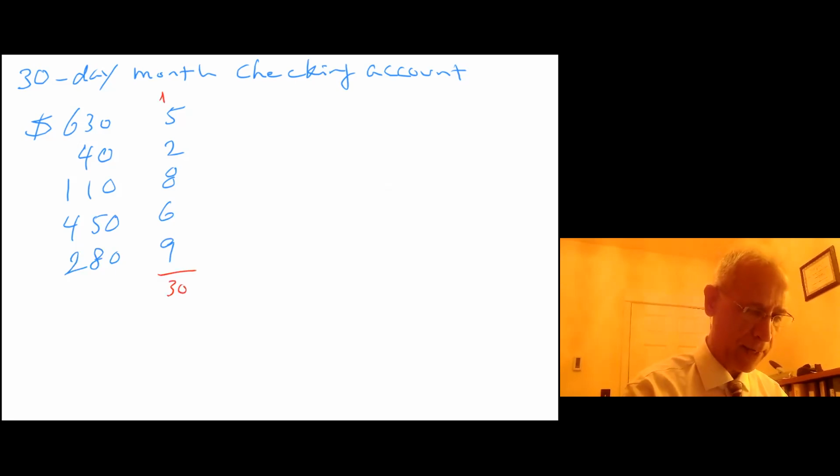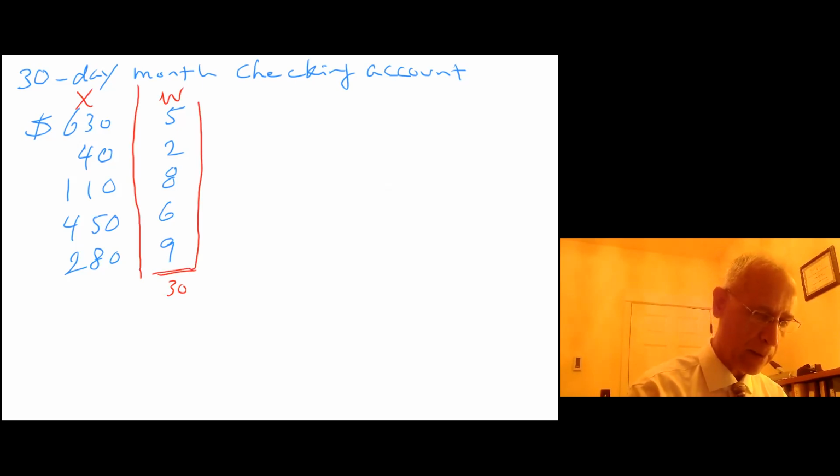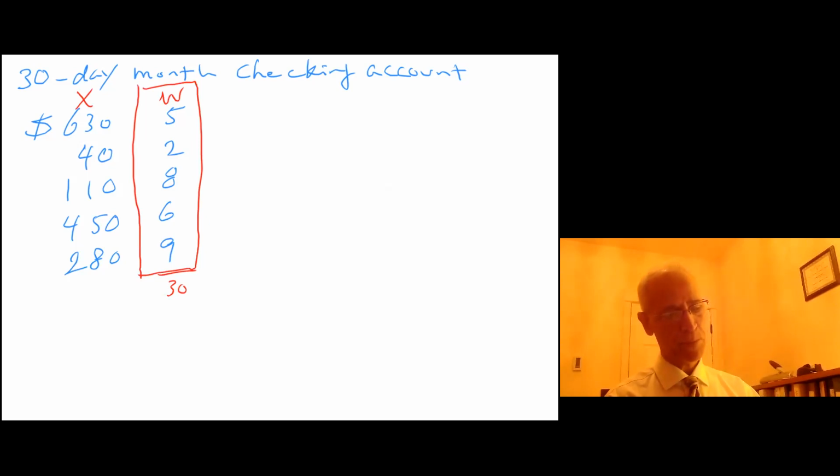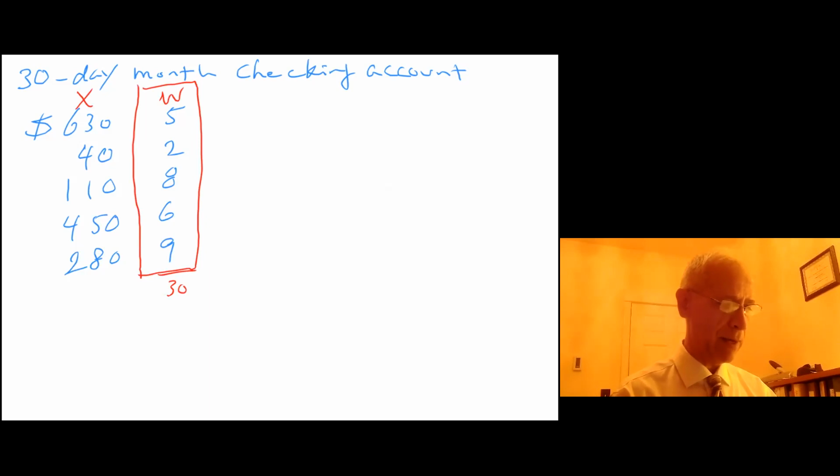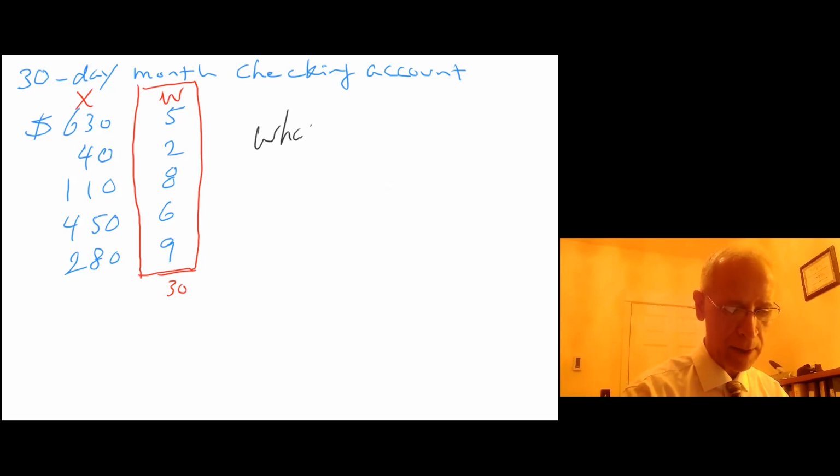So this is my weight, and this column is my X. Okay. So we want to know what is the account's mean daily balance for this month?